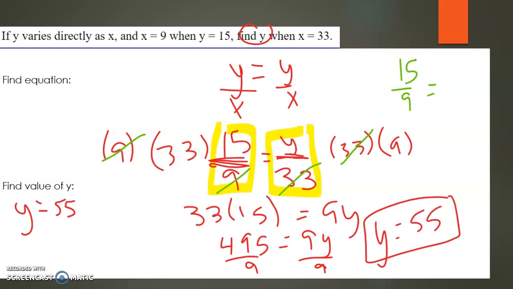I'm taking out a 3 of the 15 and a 3 of the 9, so that is 5/3, which is the constant of variation. If I did it with the other one, it's 55 over 33. Both of them are divisible by 11, which would still give me 5/3. So my equation would be y equals 5/3 x.